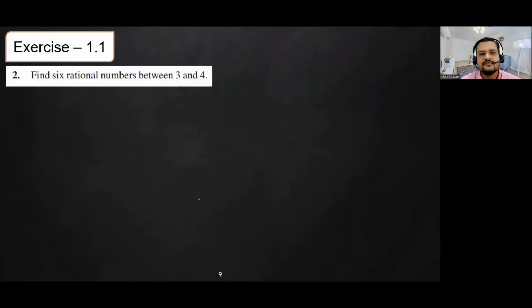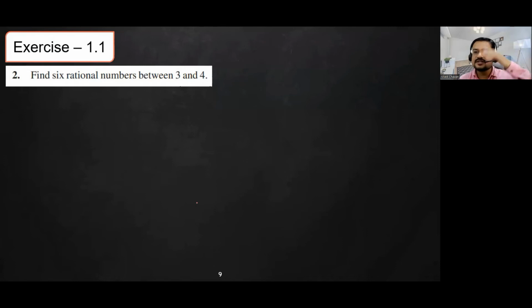Okay, now we have the next question. Find 6 rational numbers between 3 and 4. So we have to find 6 rational numbers that lie between 3 and 4. Now, how will we do this? First of all, what does a rational number mean?